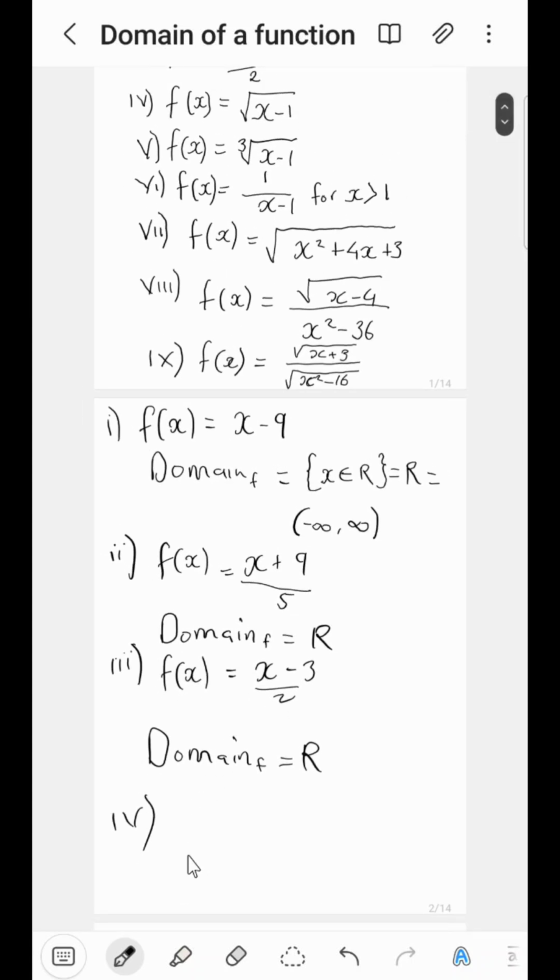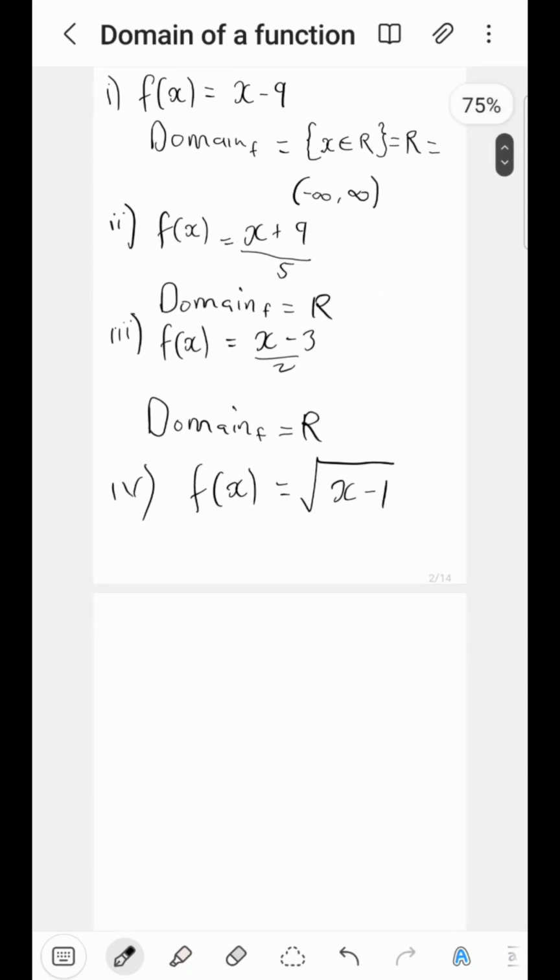Our fourth function is f of x equals square root of x minus 1. For a square root to be defined, we are not supposed to have negative values under the square root. The square root of a negative value will give you a complex number.